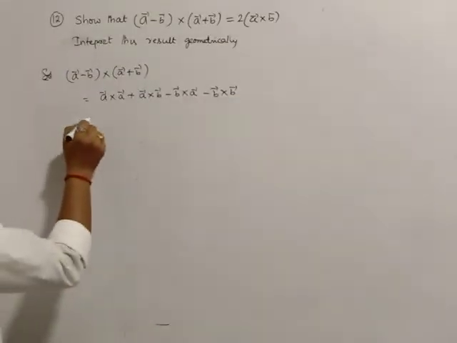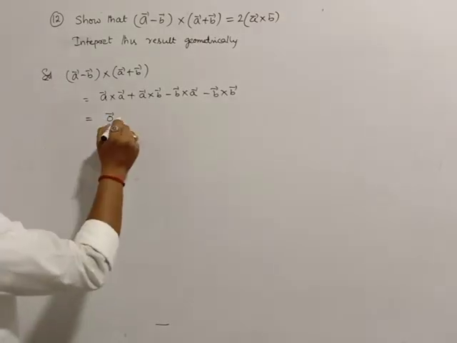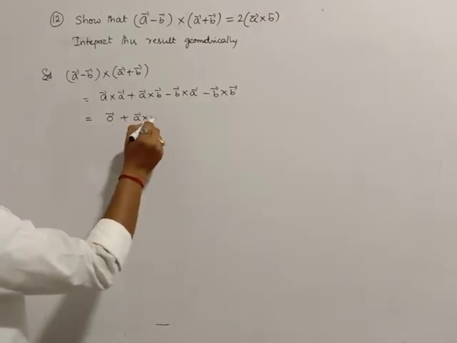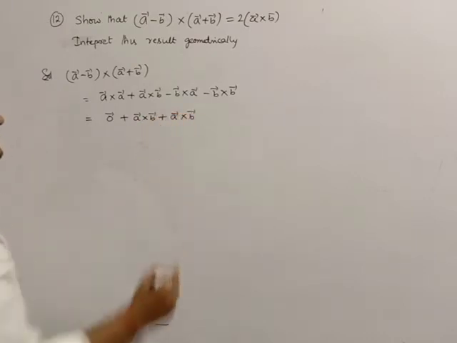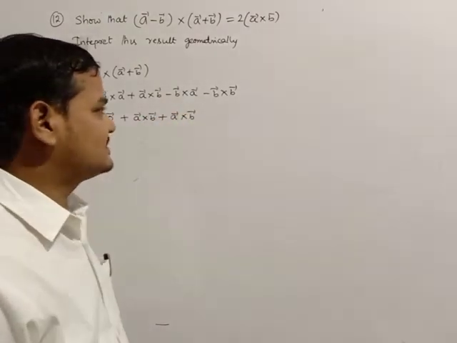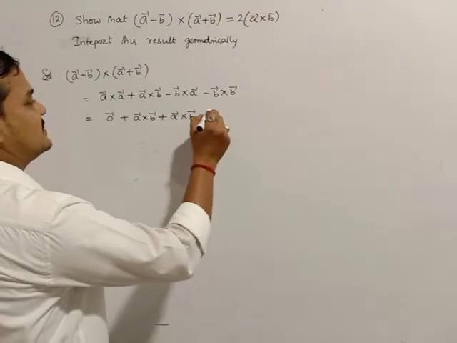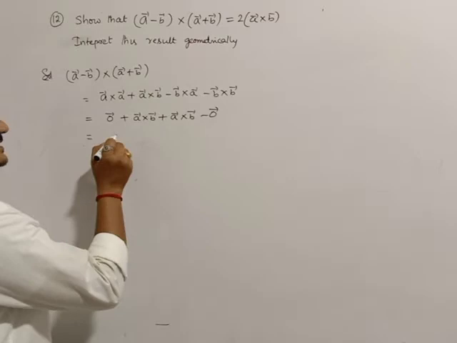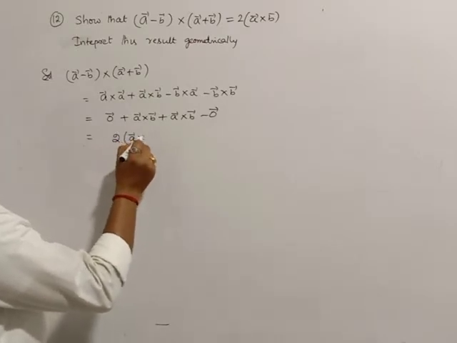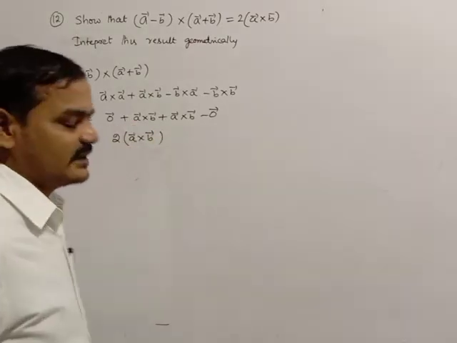Same vector cross product is 0 bar, plus A bar cross B bar. The minus B bar cross A bar becomes plus A bar cross B bar, because if the vectors are interchanged, the direction changes. Minus 0 bar. So this is 2 into A bar cross B bar. This is the first conclusion.